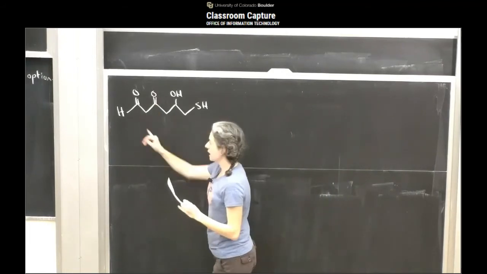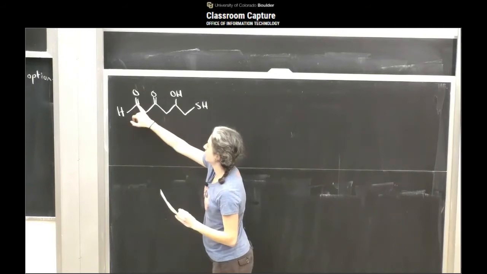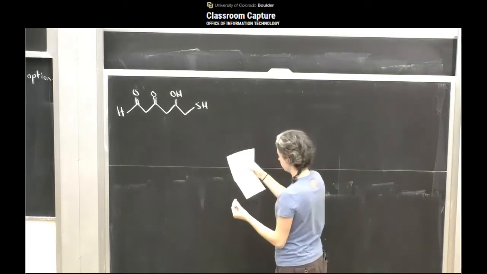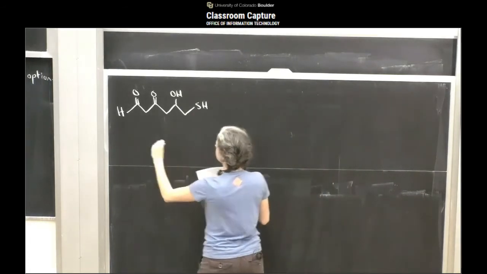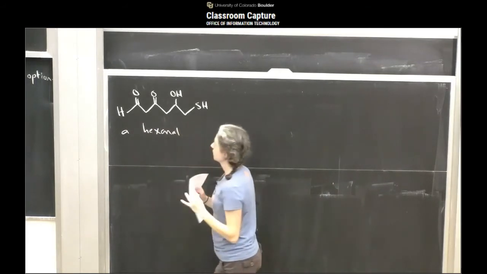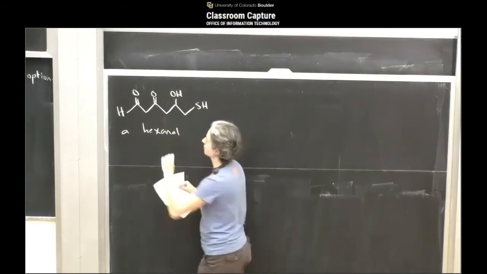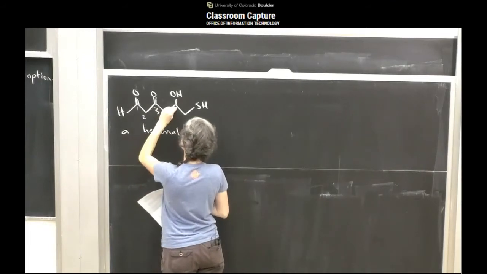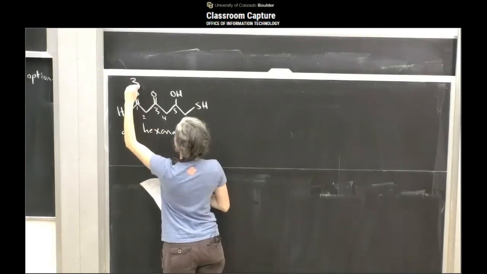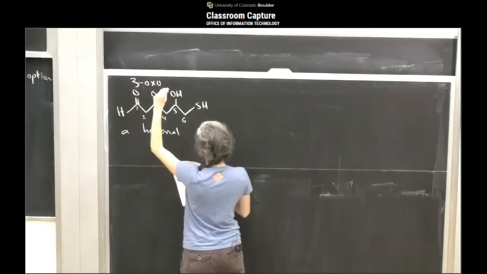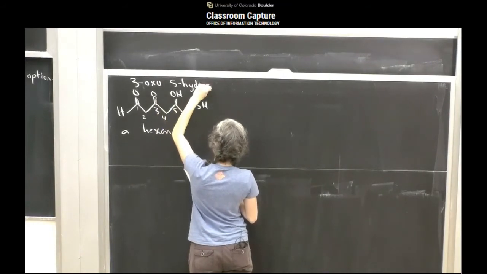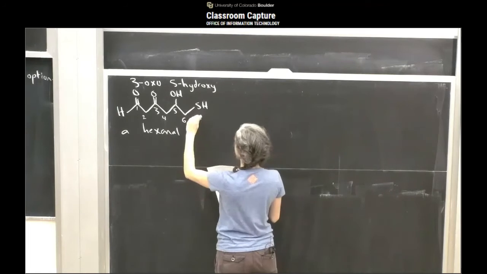Highest priority is the aldehyde, so we're going to name this as a 1, 2, 3, 4, 5, 6 carbon, so hexanal. Okay, so substituents, we've got 1, 2, 3, 4, 5, 6. We've got an oxo at carbon 3. We've got a hydroxy at carbon 5. And we've got a mercapto at carbon 6.